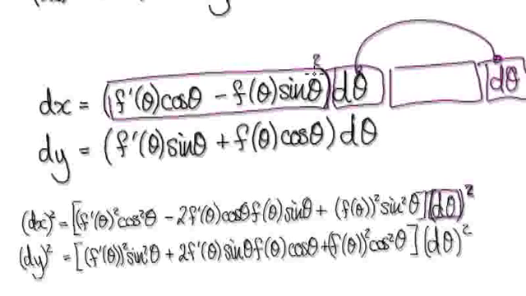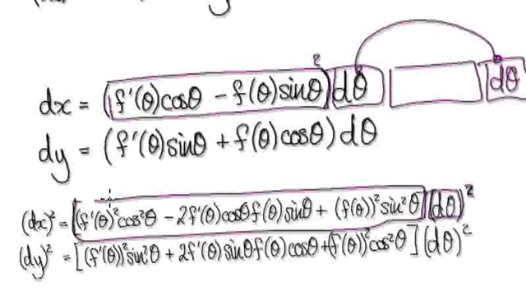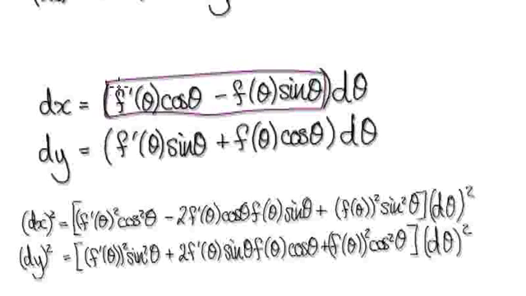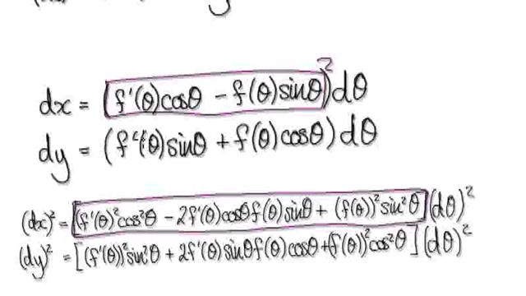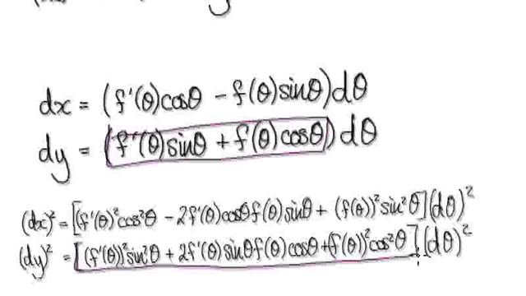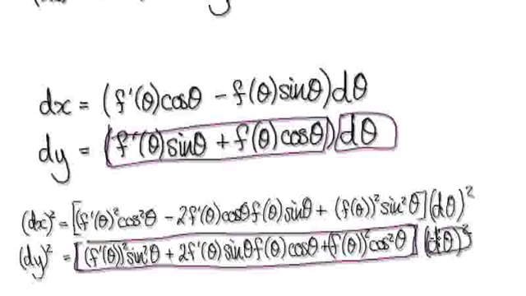And when you square this, it will actually give you this thing here, and if you square this, it gives you this thing here. And then you've got your d theta squared.